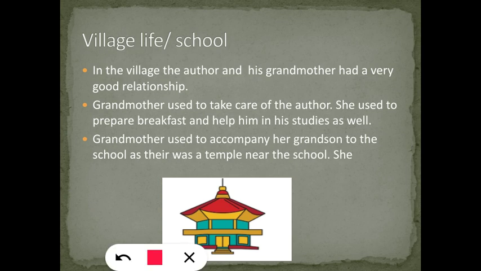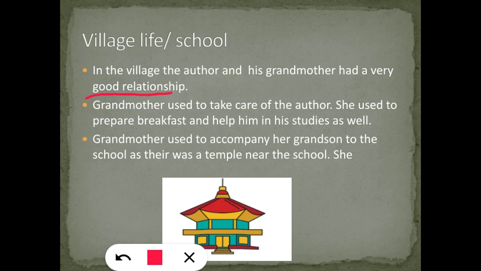Now, in the village, the author and his grandmother had a very good relationship, remember. That is very obvious because there were only two people living in the house, because the author's parents were out in the city, in the town, because of some work, maybe, because they were engaged in some employment.